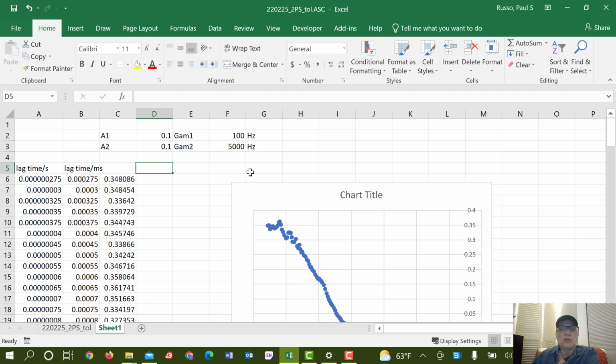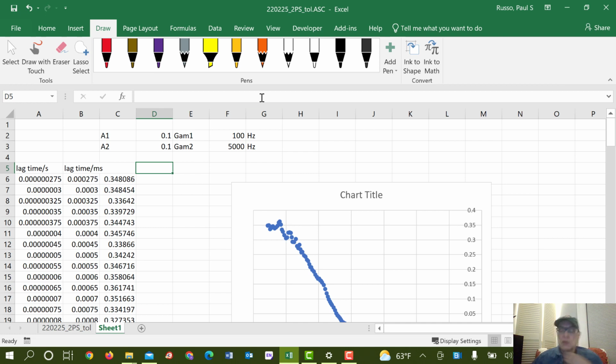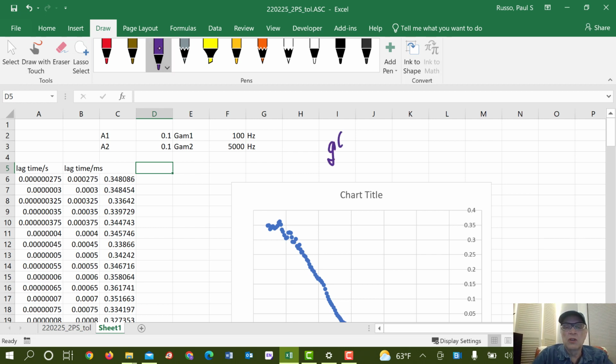Our equation here, what we're really looking at, is G2 minus 1 is equal to A1 e to minus gamma 1 t plus A2 e to minus gamma 2 t, and that should be squared.